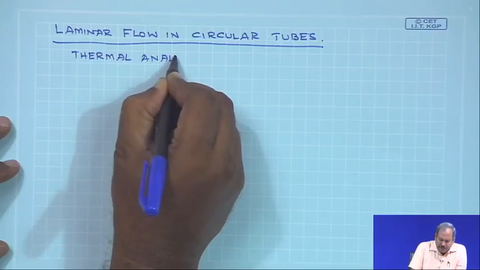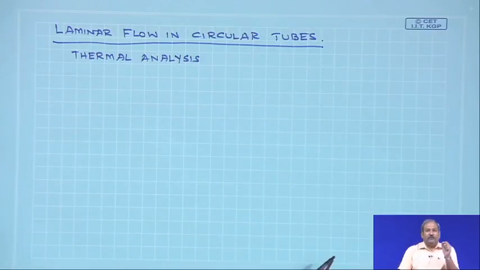Our starting point should obviously be the equation of energy. Now, if you recollect, the equation of energy contains velocity terms as well. The expression is simply going to be u times del T del x plus v times del T del y. These are the convective terms, and on the right hand side I will have the conductive terms. There will also be a heat generation term in there, but we will consider a situation in which there is going to be no heat generation.